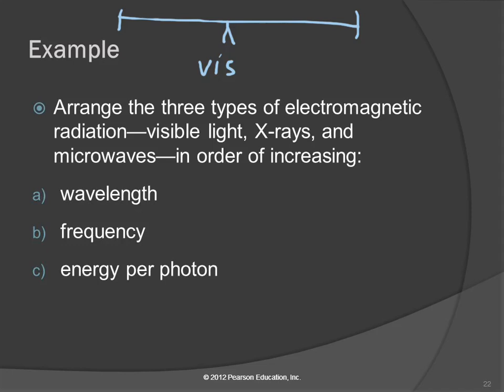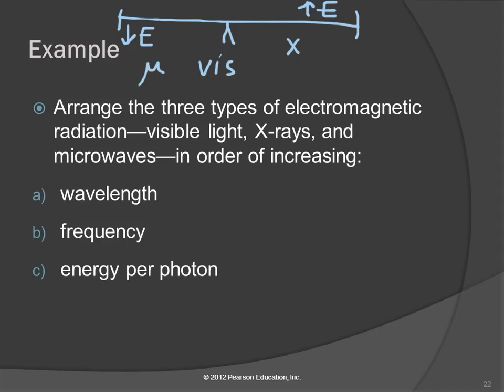And this was higher energy over here and lower energy over here. Were the X-rays more or less energetic than visible? More, right? They were over here. So the X-rays are over here. The microwaves, which side of visible were they on? They were on the less, right?